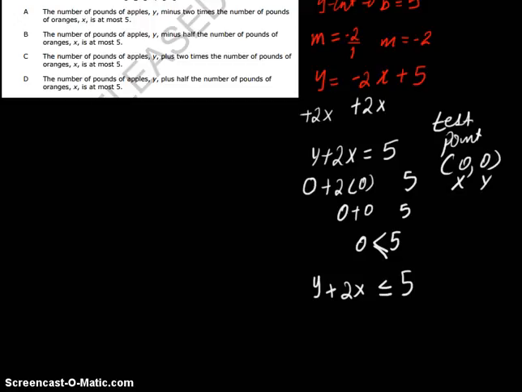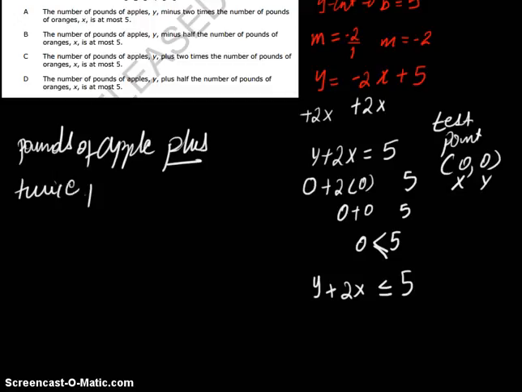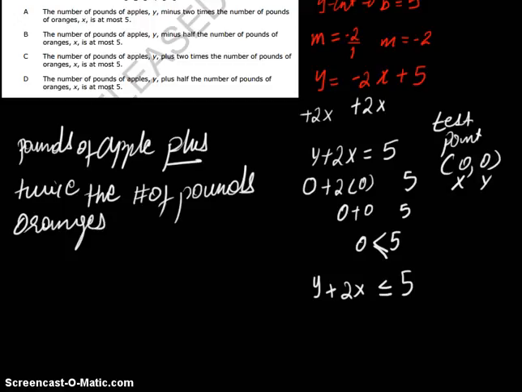So let's go ahead and do this one as a written statement. y is the number of apples in pounds, so pounds of apples plus, this is for the plus sign, twice the number of pounds of oranges is at most 5.